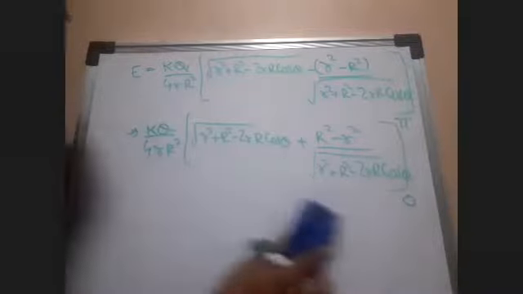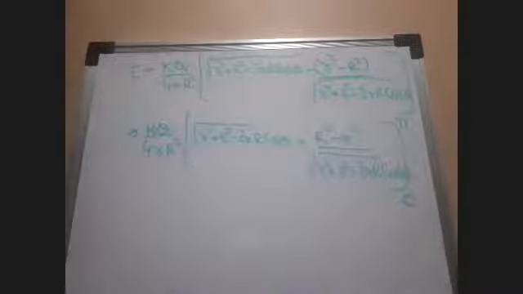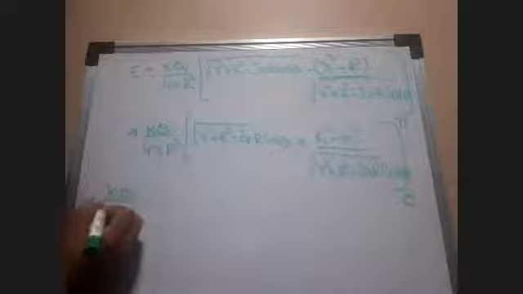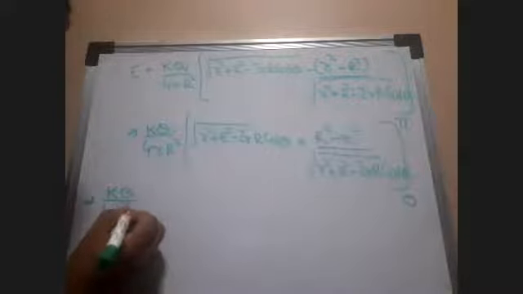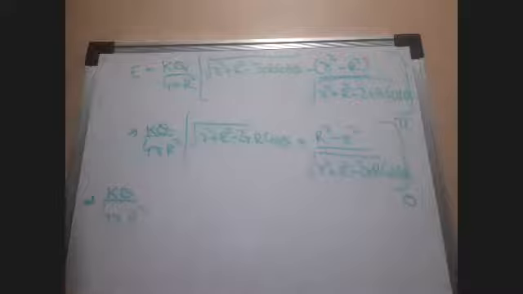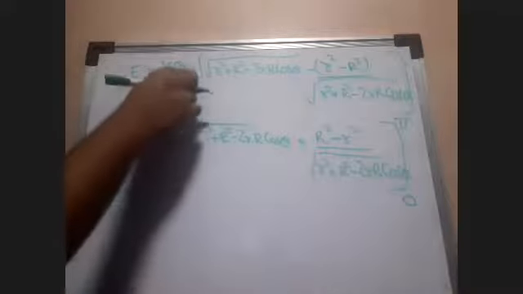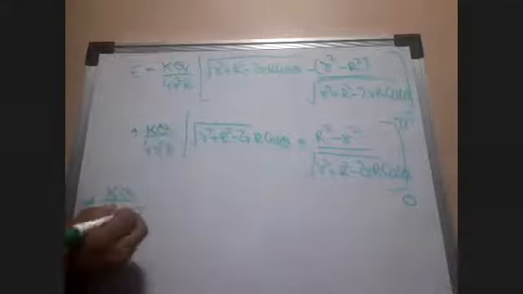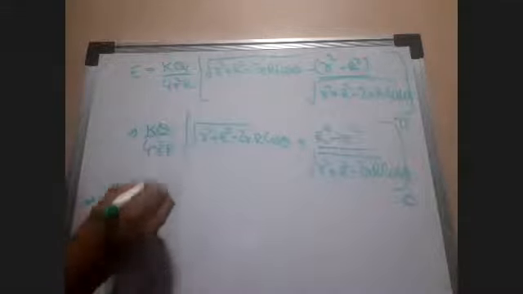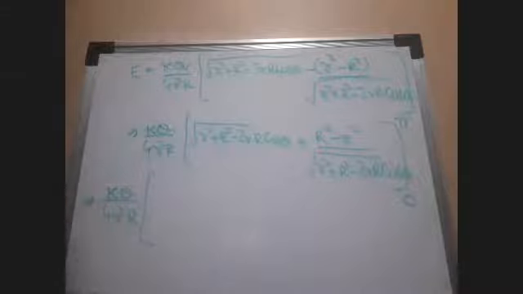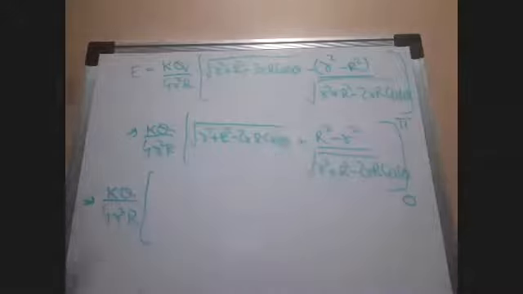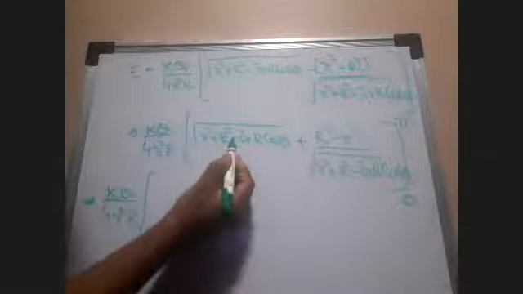And now if I solve that, look here, pay close attention. I hope you are able to see kq upon 4r capital R square. Sorry, the square was on small r, so one correction. Now, if you put the value of pi, cos pi is -1, which will convert this into a plus.